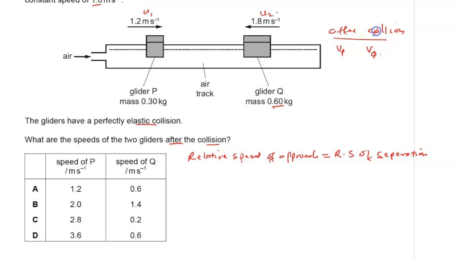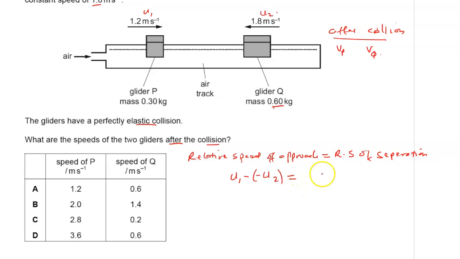Then the relative speed of approach will be U1 minus U2, because these are velocities, so we take the difference. If U1 is positive, then U2 is negative, because the directions are opposite.